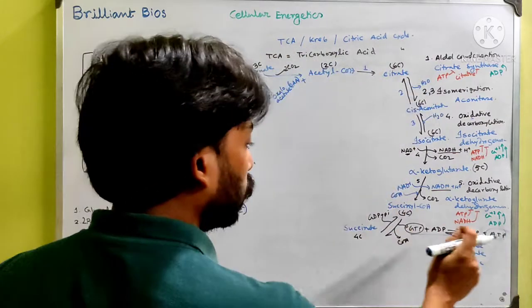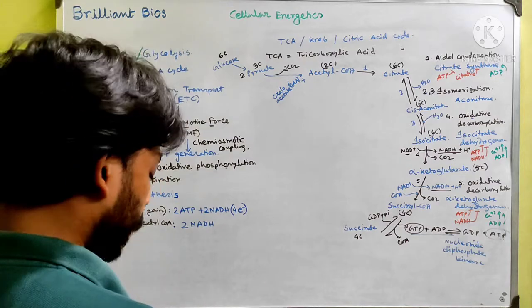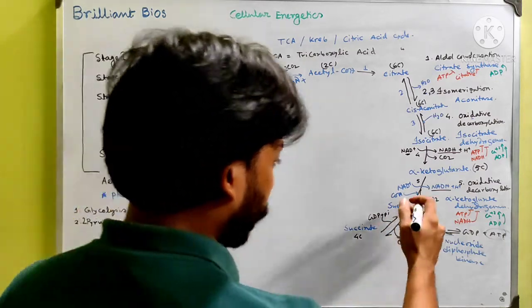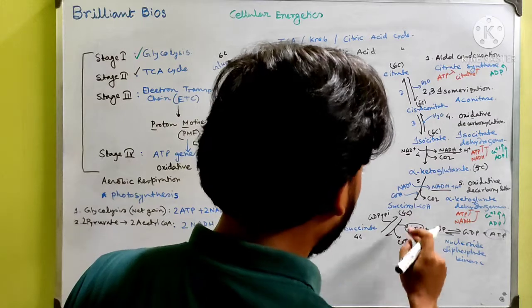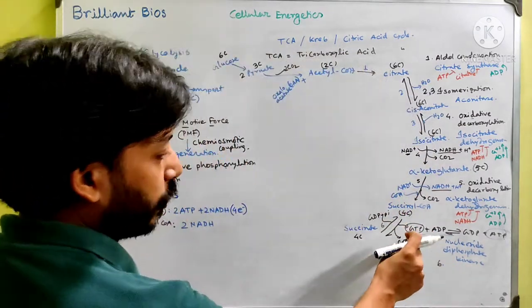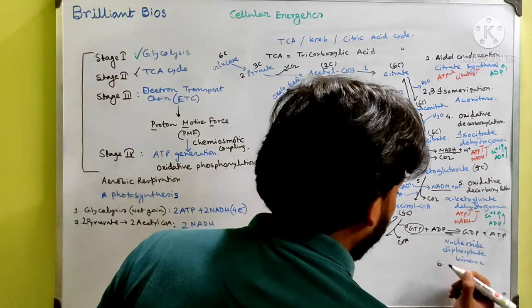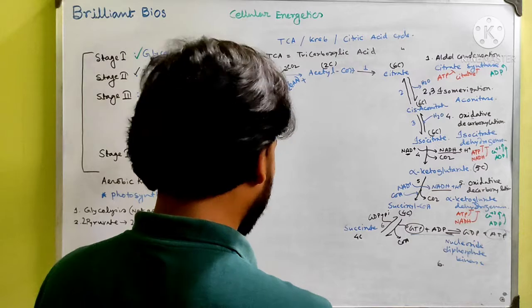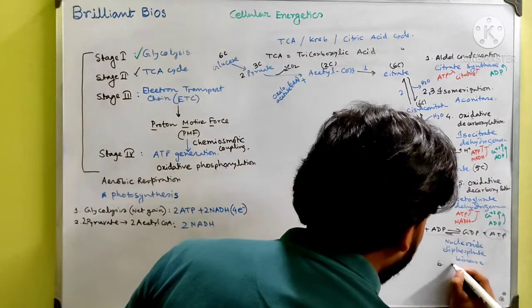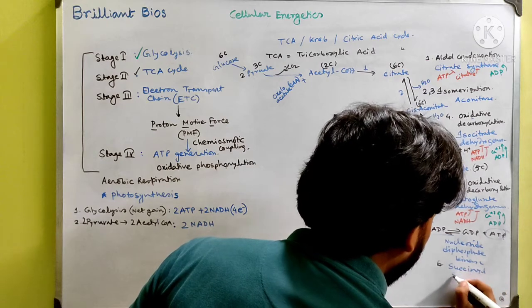So we will count it as ATP, not GTP. Okay, now succinate. I have not written the name of this enzyme. So this is the 6th step. The 6th step is a cleavage step in which the CoA is cleaved out, and the enzyme name of this reaction is called succinyl CoA synthetase.